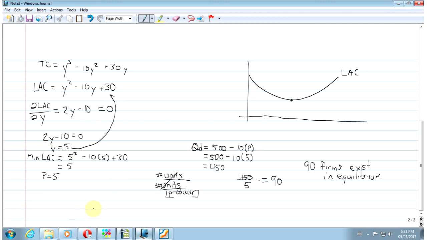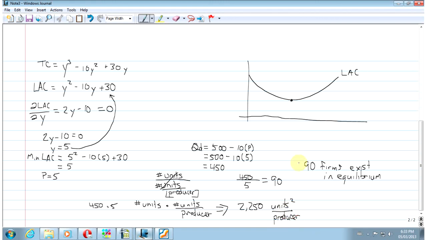If I'd tried to multiply these together, I would have had 450 times 5, number of units times number of units per producer, which would have given me 2,250 units squared per producer.